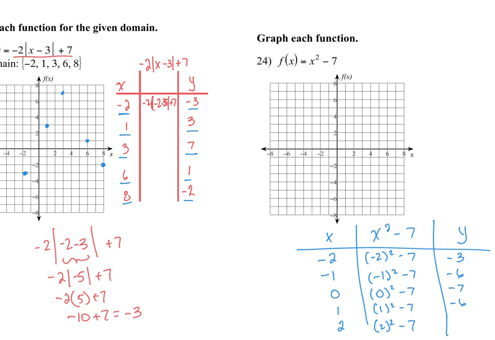And you should see, I mean, sometimes it'll be a pattern like this. All right. Then you're going to plot your points. The ones that I chose gave me -2, -3. So I'm going to plot that. -1, -6. 0, 7, 1, 6, 2, -3.